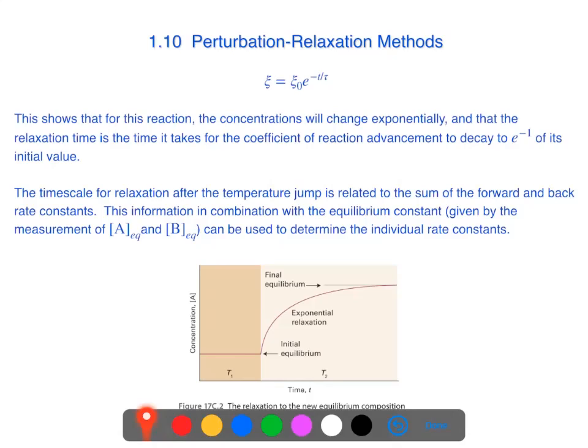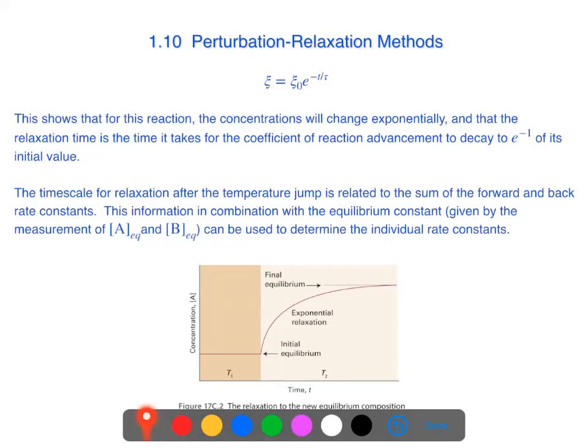It is 1 over e times the initial concentration of your reactant species. The time it takes for that to occur is often referred to as either the relaxation time or sometimes simply the lifetime of that species.